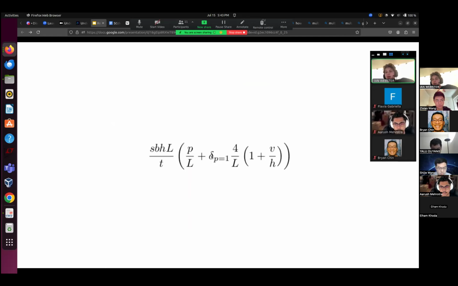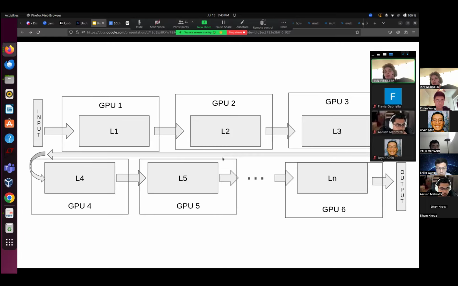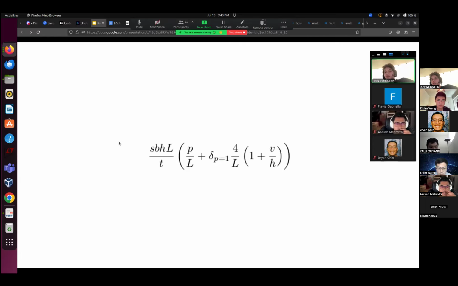Let's take a look at this sigma right here. It is going to be equal to 1 if there's only one transformer layer. So like in this diagram, if there's only one GPU with one layer, then sigma would equal 1. But if there are any more layers, then it's going to equal 0, and this whole term's going to cancel out.